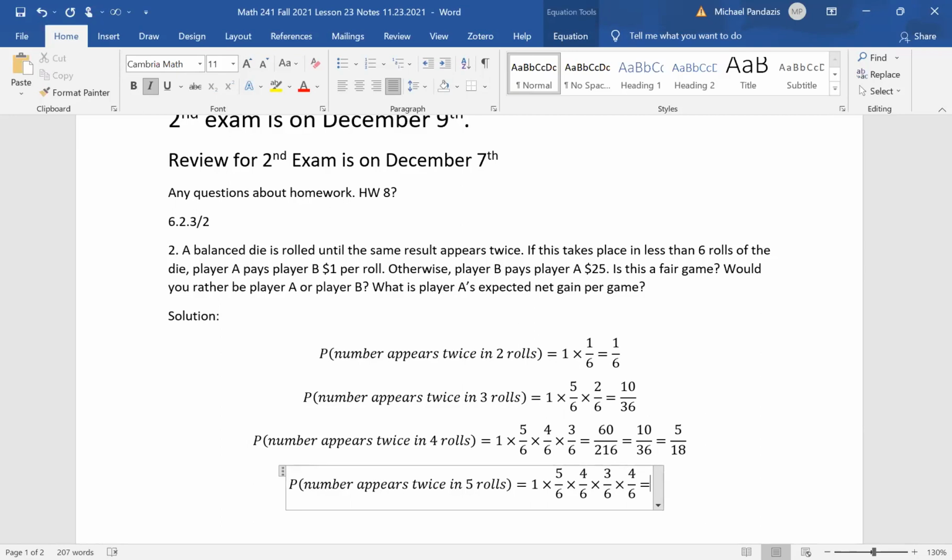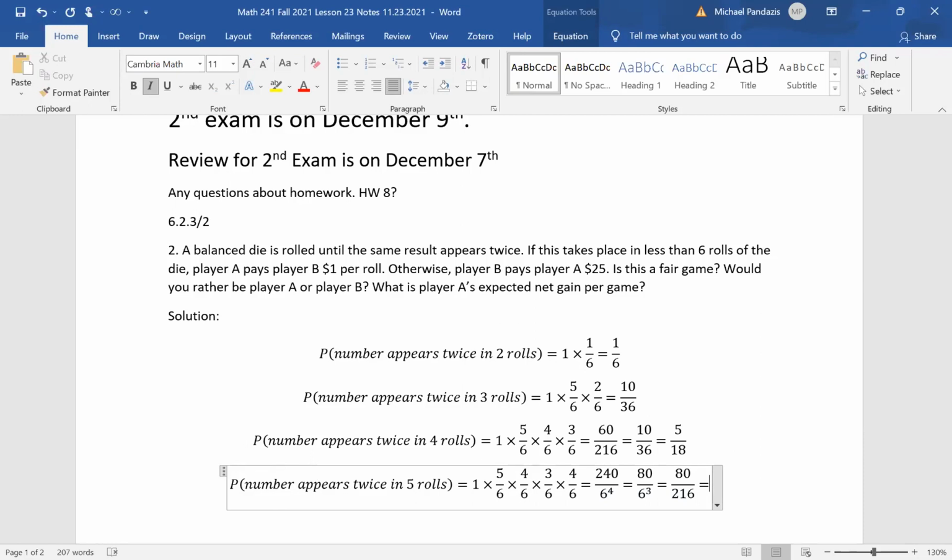You multiply those probabilities and you get 240 divided by 6 to the 4th power. I'm going to divide by 6, so that's 80 over 6 cubed, which is 80 divided by 216.